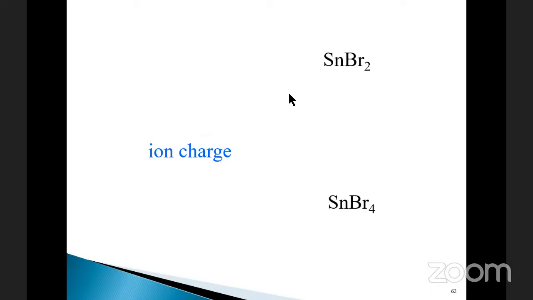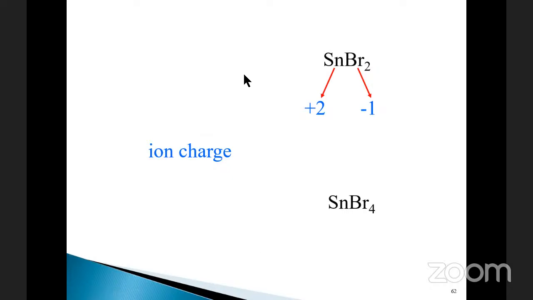She's right that the charge for the tin is +2, and we know that because we have 2 bromide ions here. So the total net charge carried by the 2 bromides will be -2. Therefore, this must be +2 in order for the compound to be neutral.